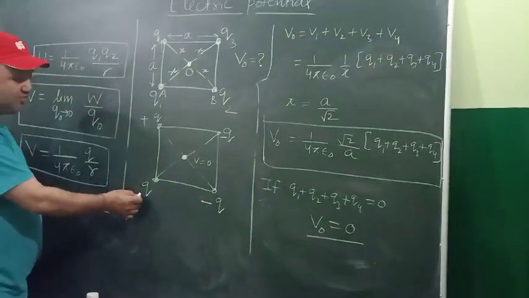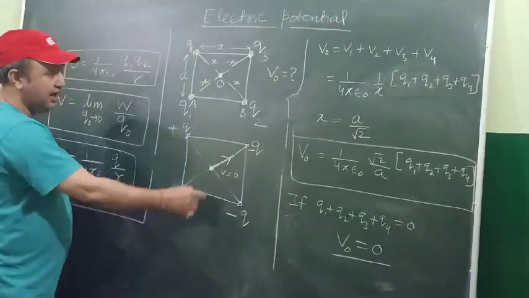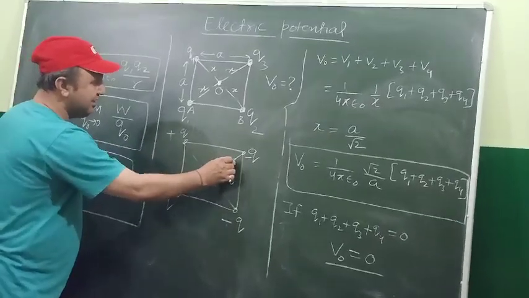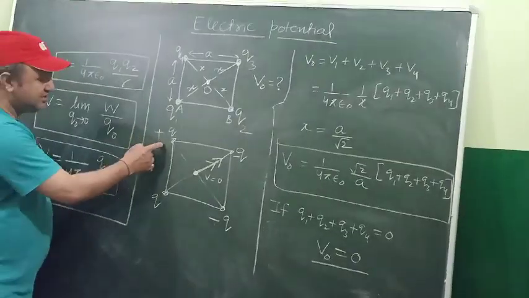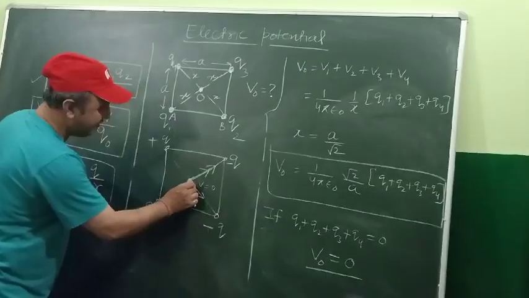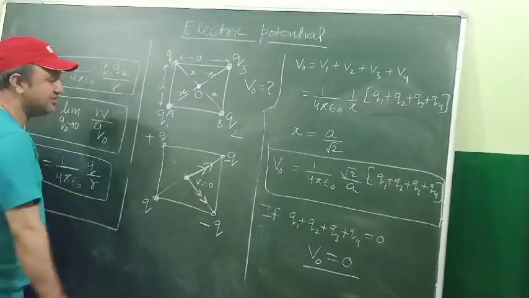this charge being a positive charge will generate an electric field in this direction, and this charge being a negative charge will generate an electric field in this direction. Similarly, this charge being a positive charge will generate an electric field in this direction, and this charge being a negative charge will generate an electric field in this direction.